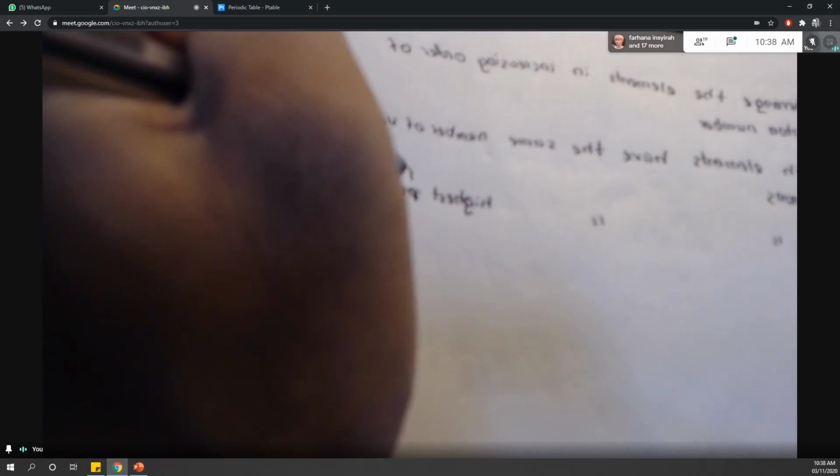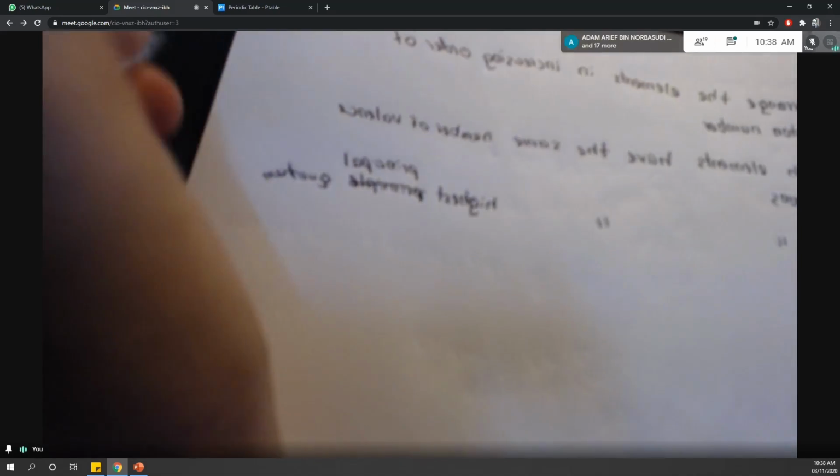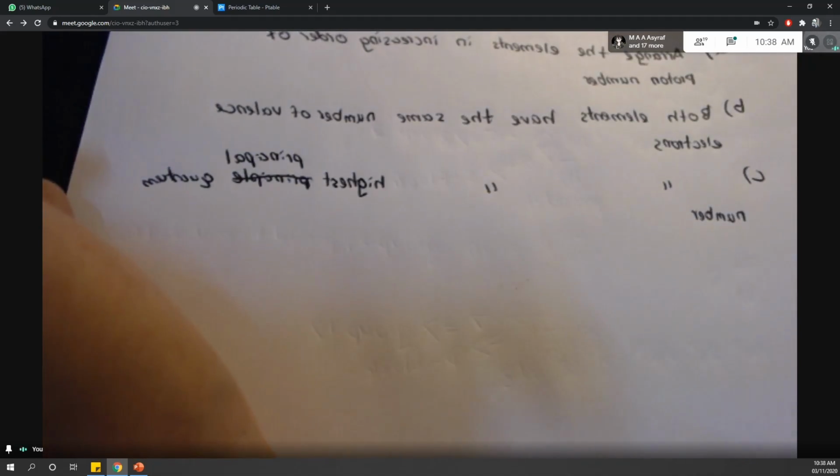Saya salah eja ni. Principal quantum number. Both of the elements have the same highest principal quantum number.